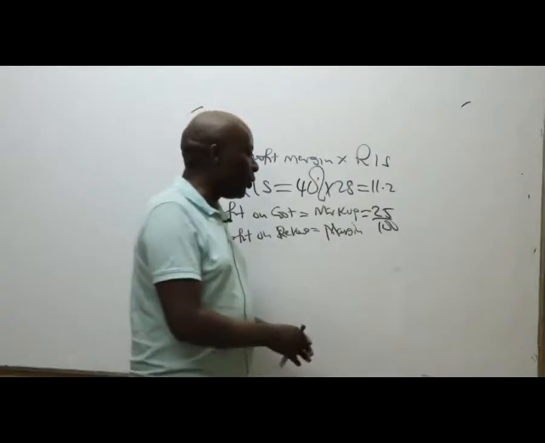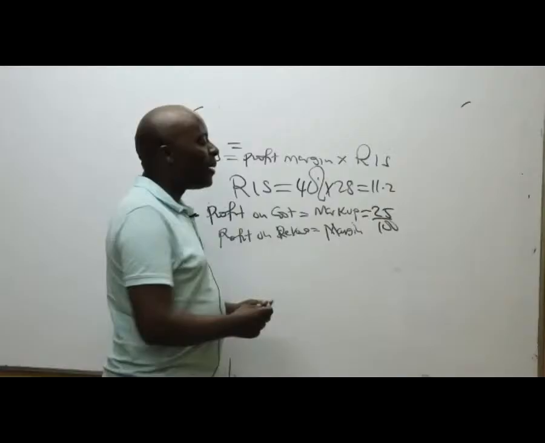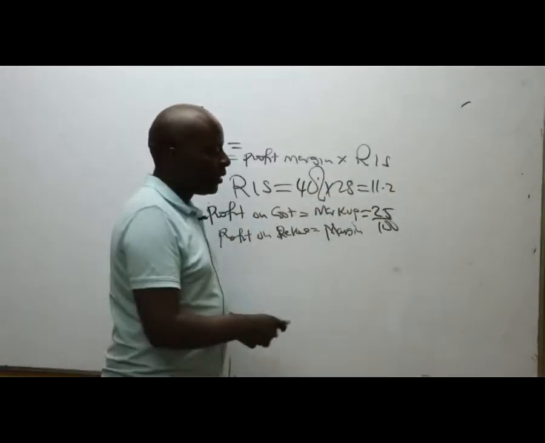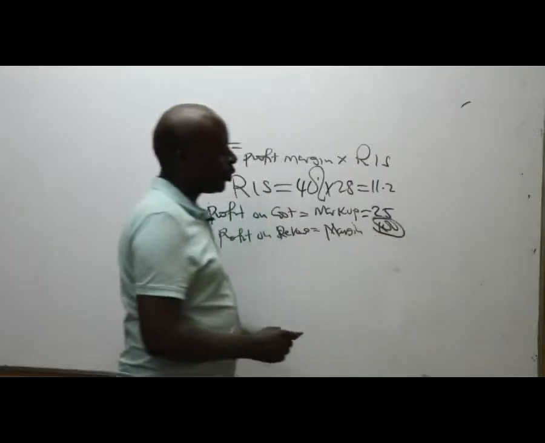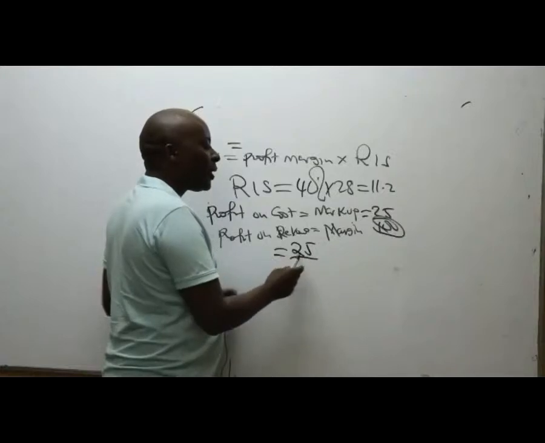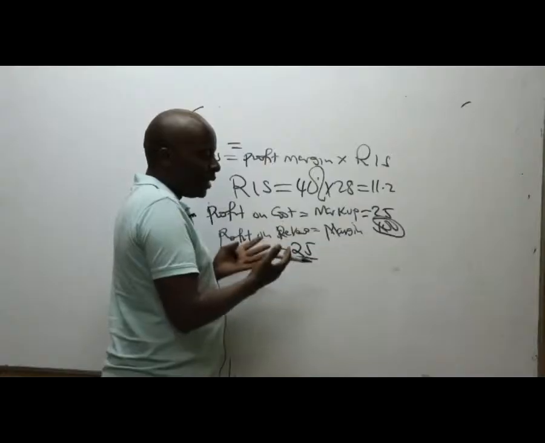What I told you is that when you have markup here as 25 over 100, markup always has a smaller denominator. So margin, in this case, has to be inflated. You must inflate to get margin. And how do you do it?